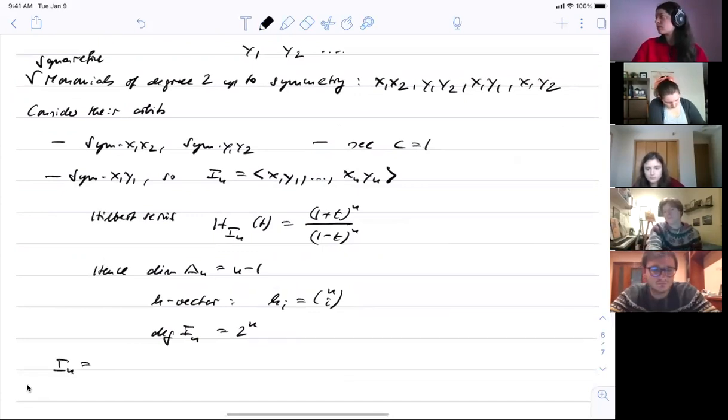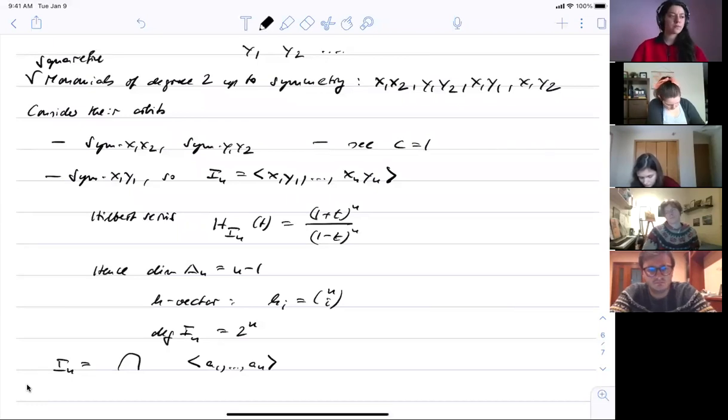I can write the ideal as an intersection of ideals generated by variables A1 up to An, where the i-th generator Ai is either xi or yi.